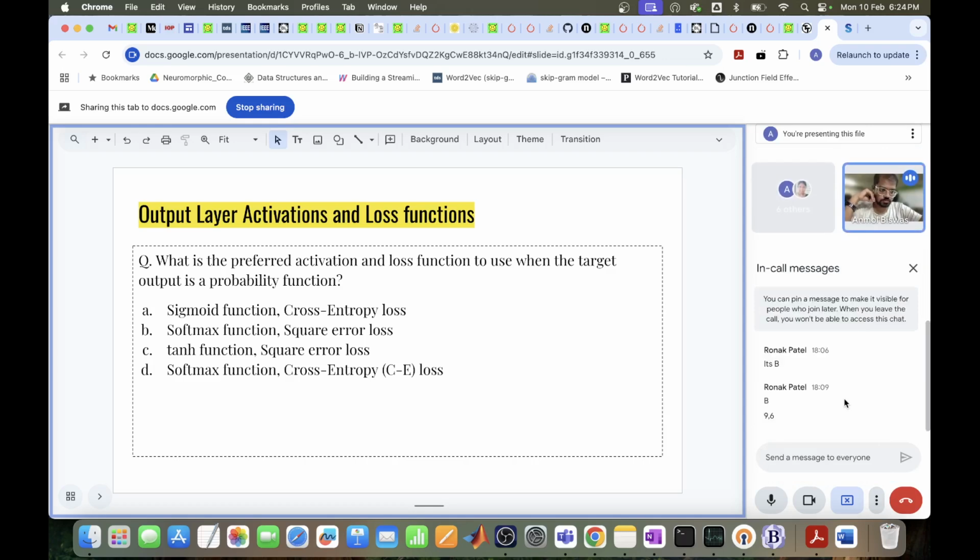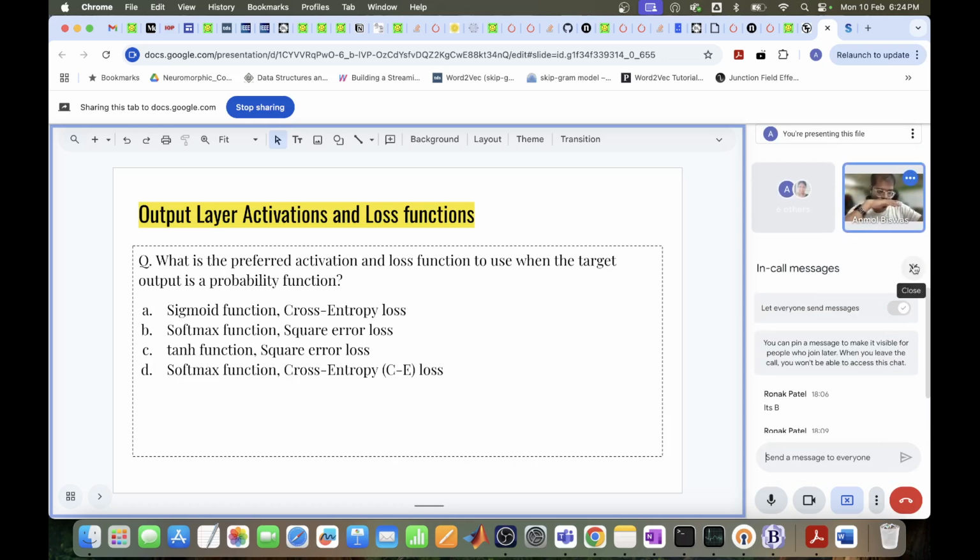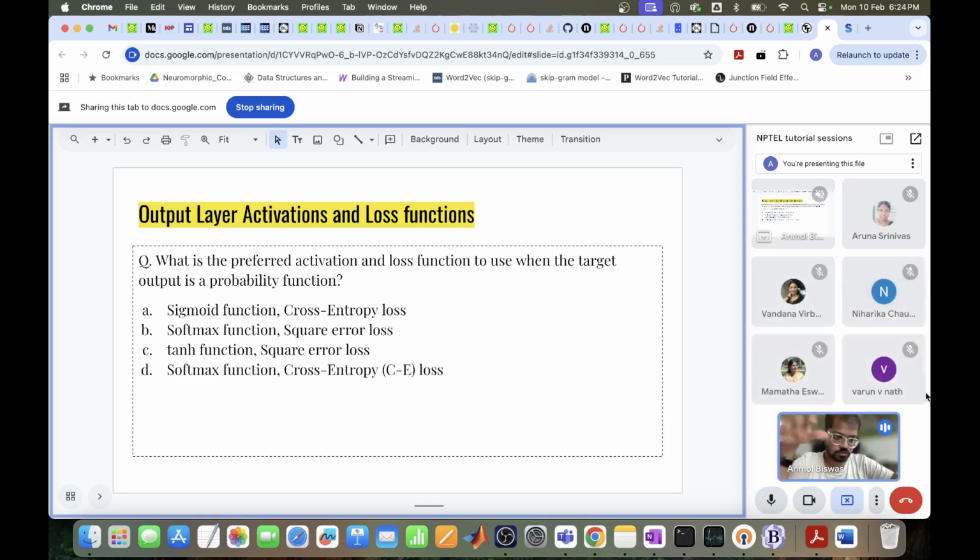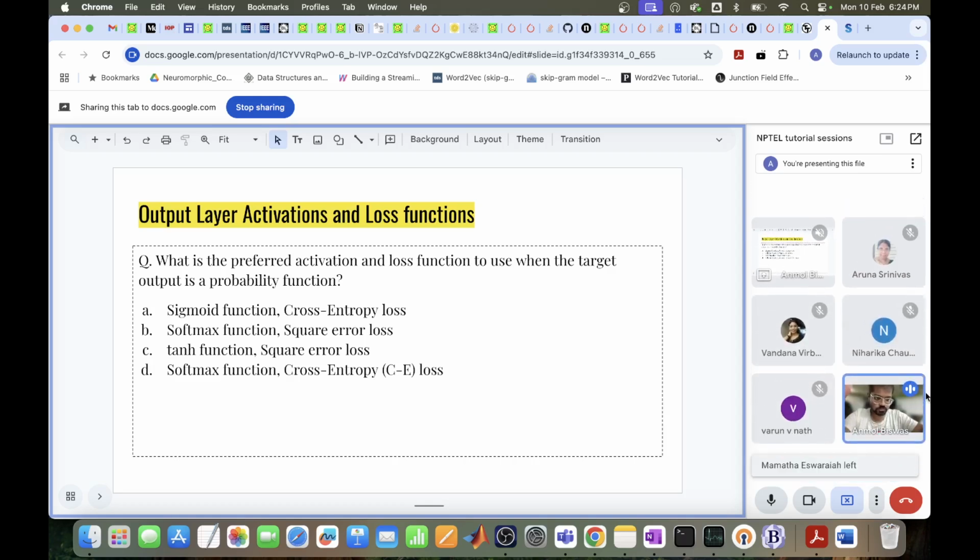Looks like one person has answered. This is a fairly straightforward setup, and I think this should have been covered in the classes. The main thing here is that the target is the probability distribution function, which means that the activation function should generate something that is normalized.